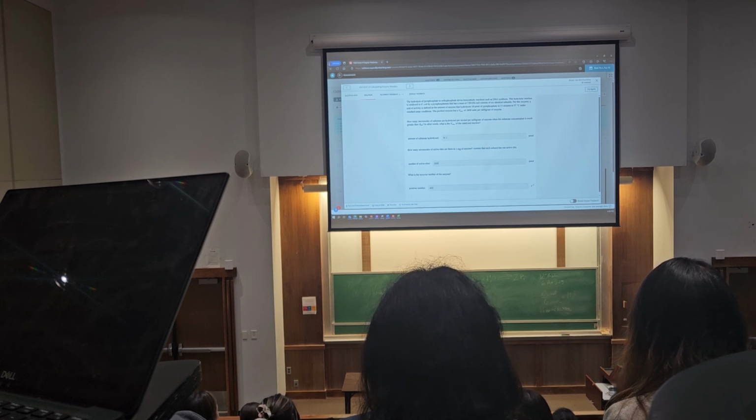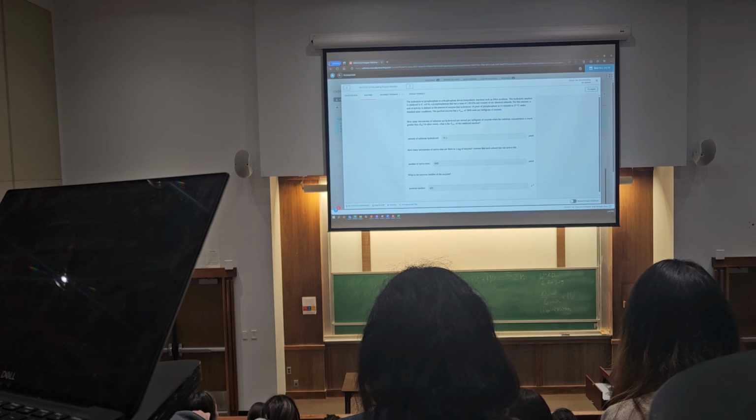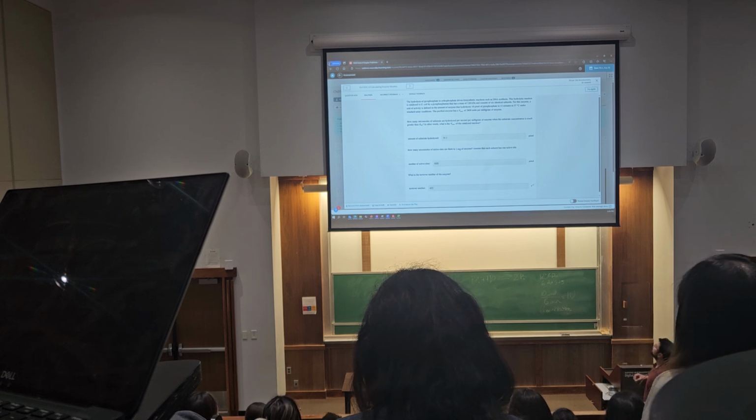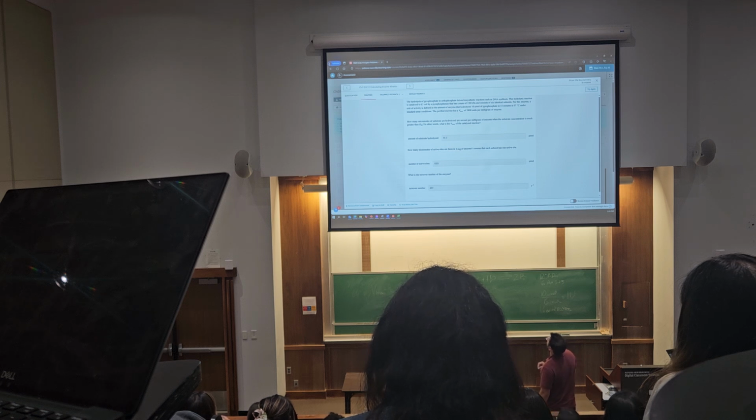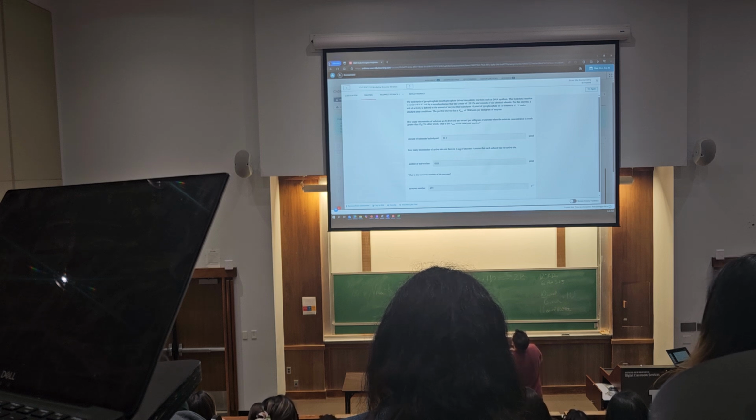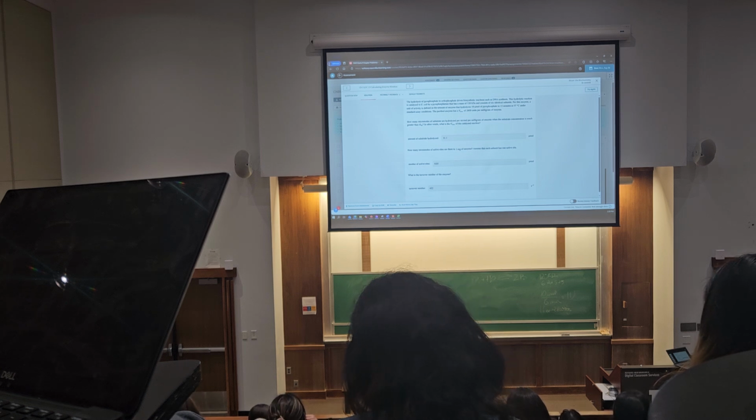Okay, so the question is, how many micromoles of substrate are hydrolyzed per second per milligram of enzyme, when the substrate concentration is much greater than Km? In other words, what is the Vmax of the catalyzed reaction? We know Vmax is 2800 units per milligram. Somebody please read it for me.